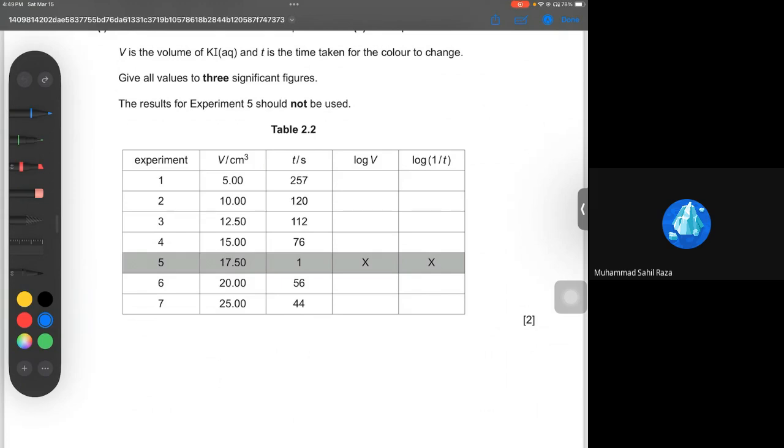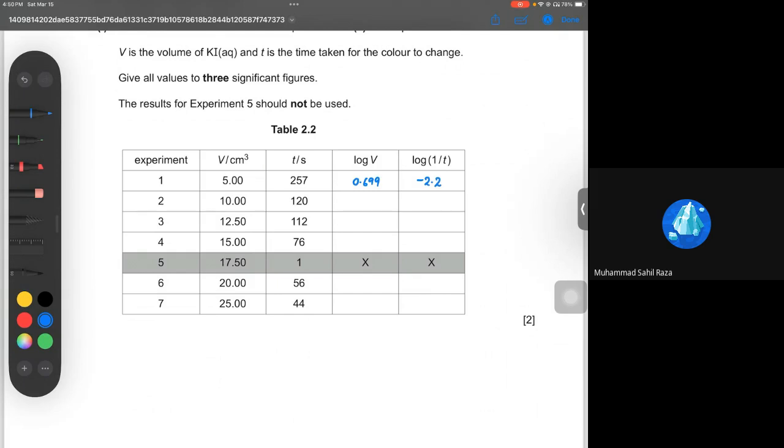Zero point 0.699. First one is 0.699. And what is log 1 over t? Sir, it's negative 2.4. It's negative 2.2.